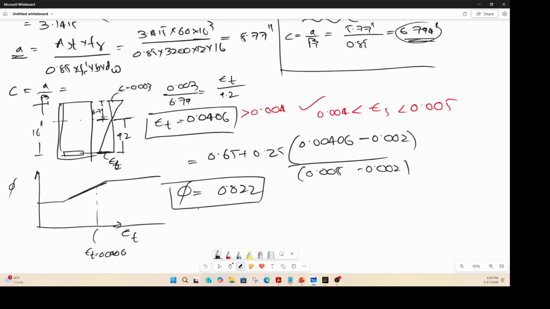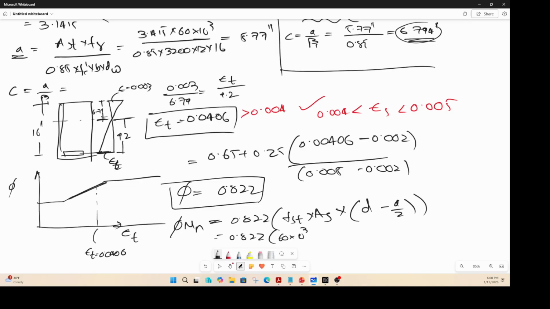Okay, so now you know your phi, and you must be in a position to calculate phi times Mn. So phi times Mn is nothing but 0.822 phi Mn. Mn is the Fy times the area of steel times the lever arm, d minus a by 2. Okay, so that is 0.822 times 60 into 10 cube, area times depth 16, a was 5.77.